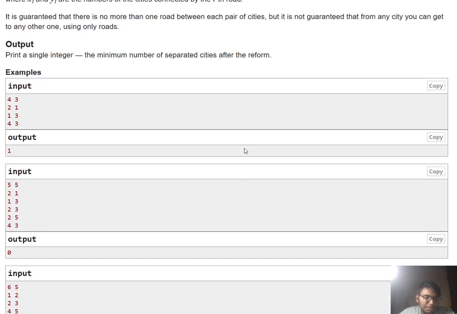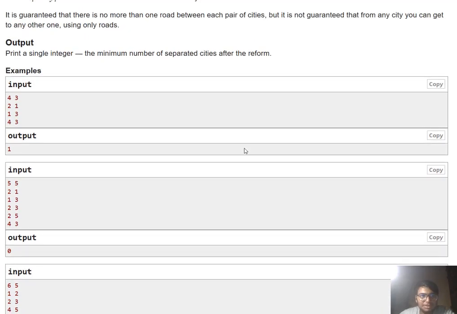So let's take an example of this particular case. There is an edge between 4 and 3, an edge between 1 and 2, and an edge between 2 and 5. So this is the initial configuration, and we need to make the separate cities as few as possible.